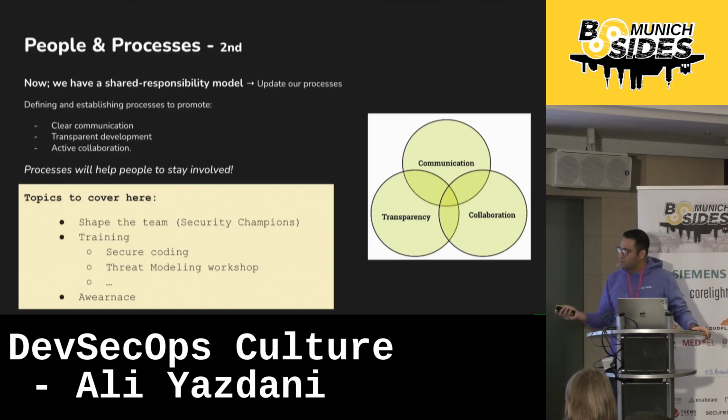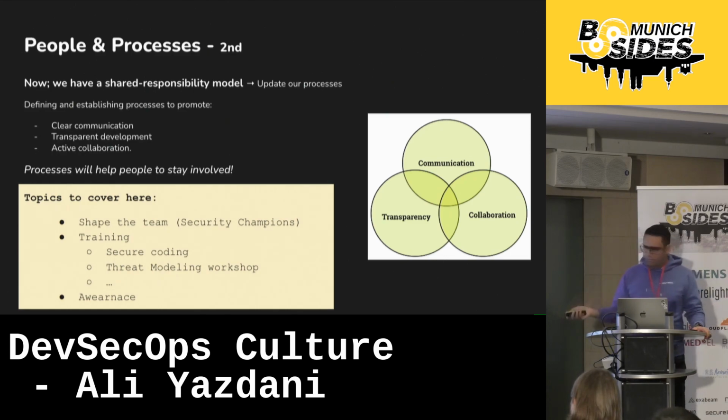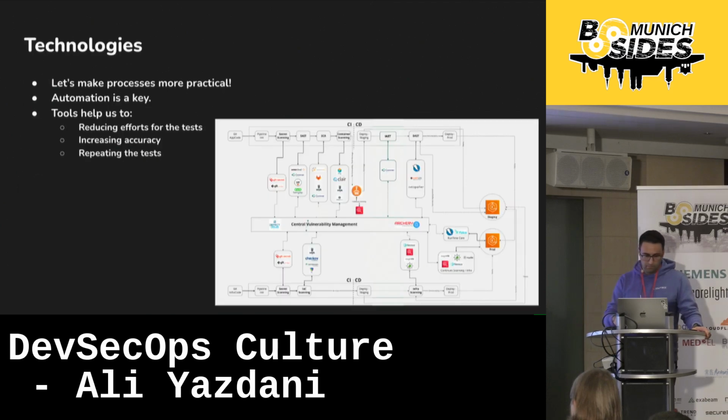So we have to implement a security champion team and make sure that all of us are on the same page from a secure product perspective. Also, we can have some training for developers and the operations team and help them understand and get more involved in the security mindset.